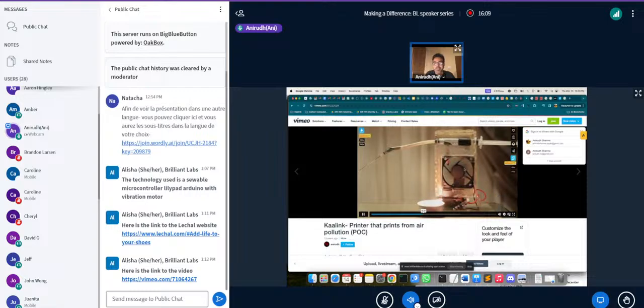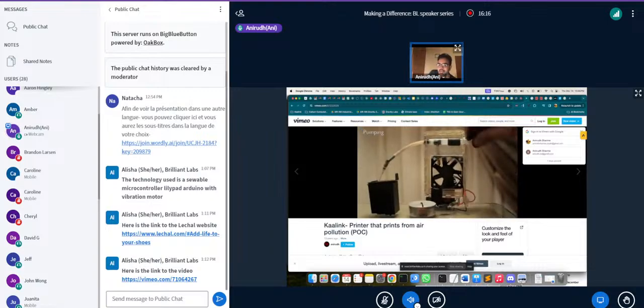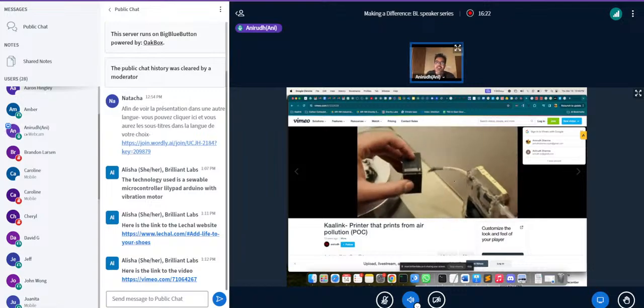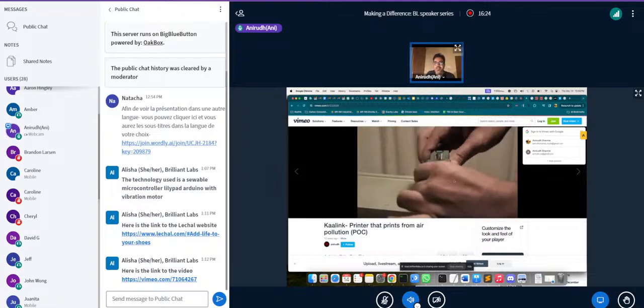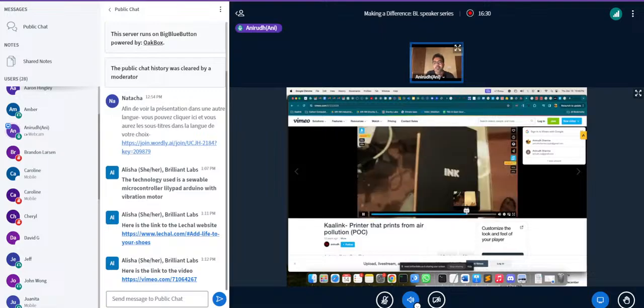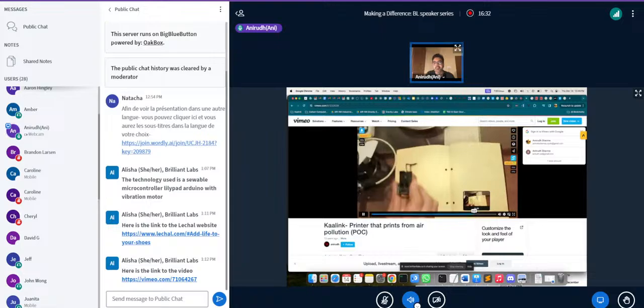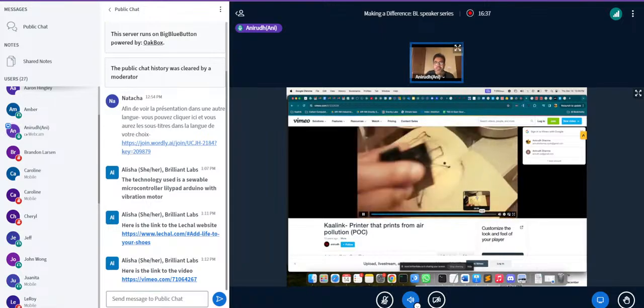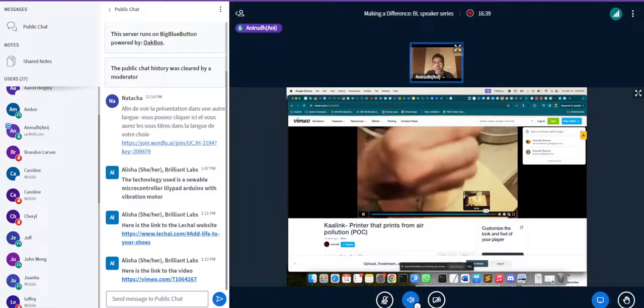So this printer that we designed sucks in this candle soot through electrostatic precipitation and mixes it with some vegetable oil and some vodka, very easy-to-use chemicals. Then you pump it into a printing cartridge, and essentially you are able to leave impressions on paper and print with it. Here I'm able to do art. I can also print text with it, just like with a regular printer.